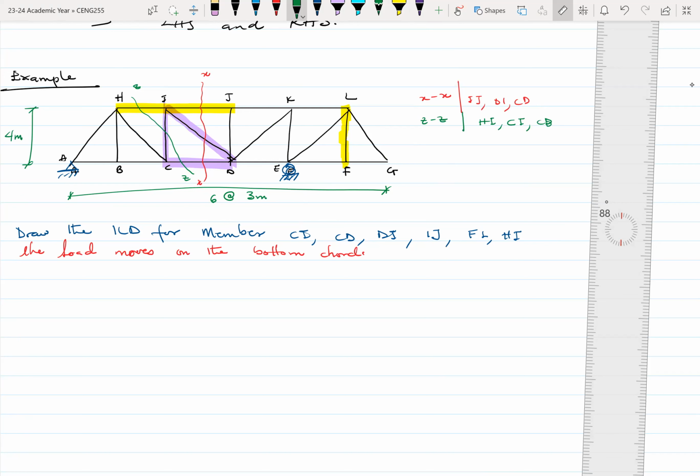So we can use that. And then for FL, we can use method of joints. So these are some of the ways by which we can solve this problem. I'm not saying this is the only way, but so far, this seems to be the easier way.